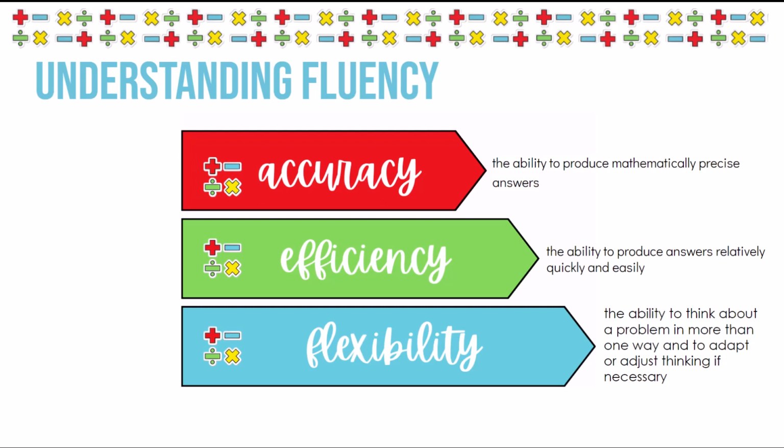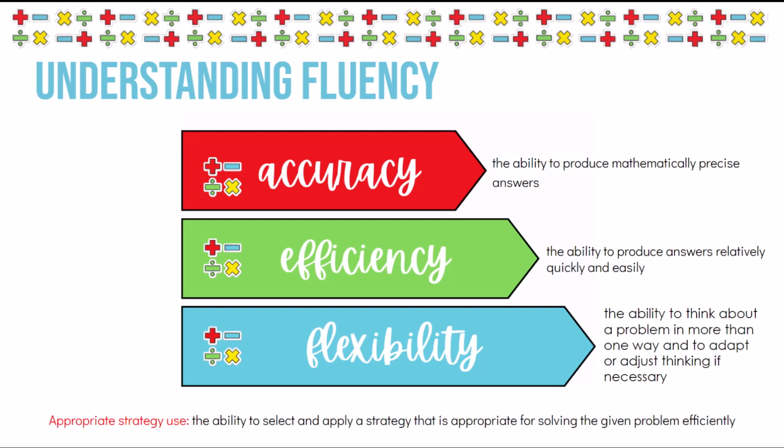It is also important that students are able to select and apply a strategy that is appropriate for solving the given problem efficiently, also known as appropriate strategy use. However, this strategy may be different for different people. And we, as teachers, must be willing to be open to students choosing strategies that work for them.